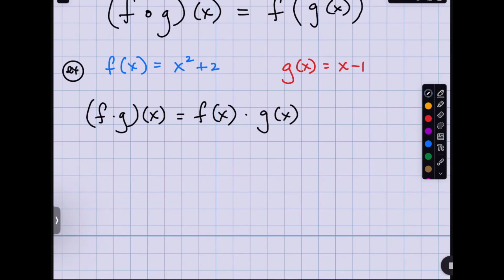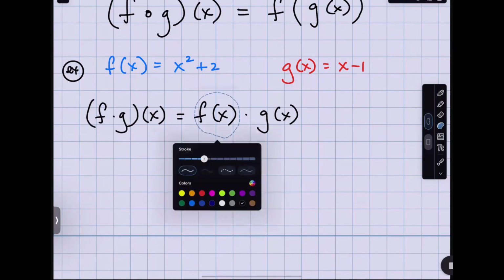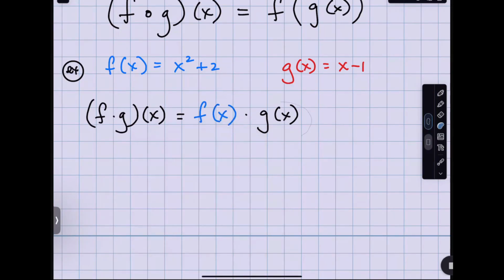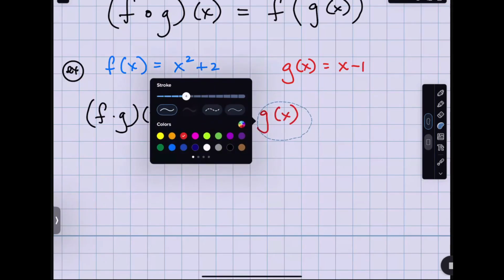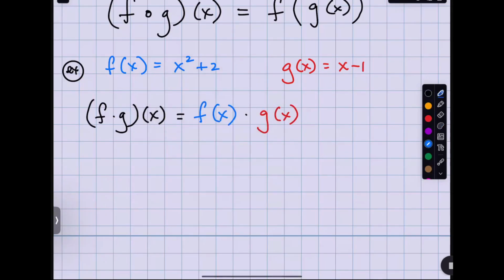When you look at this, do you know what f of x is? Yes. Do I know what g of x is? Yes. So that means I would take the x squared plus 2 and multiply by x minus 1. So that means I have to double distribute, right?